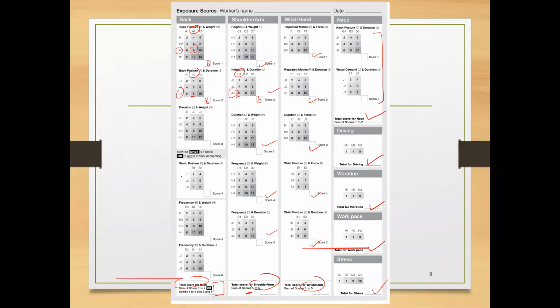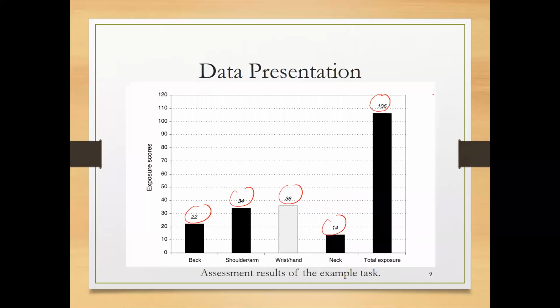So take the maximum score in column 1 plus column 2 plus column 3 plus these scores, and find the percentage of the score obtained after analysis divided by the maximum score, and convert it into a percentage. And we can have a similar table, just like RULER, to define the action categories for QEC as well.